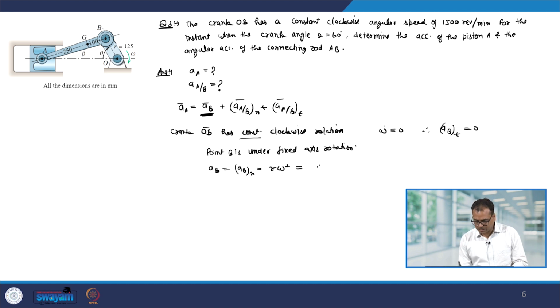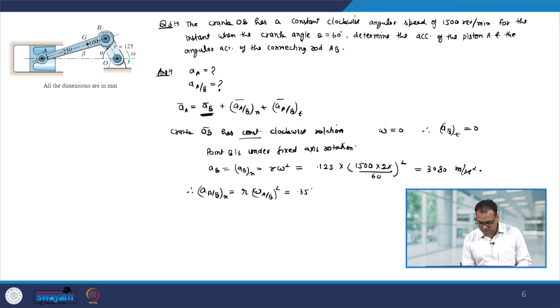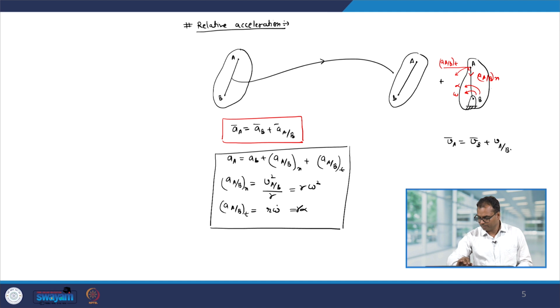Now, R is 0.125, omega is 1500 into 2 pi divided by 60 square, and that comes out to be 3080 meter per second square. Okay. So, therefore, A_ABN can be found out now. So, A_ABN will be R omega AB square, and R is 0.35, and omega AB we have calculated in the previous problem.